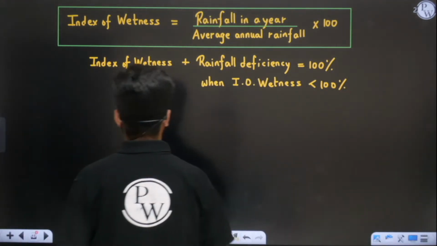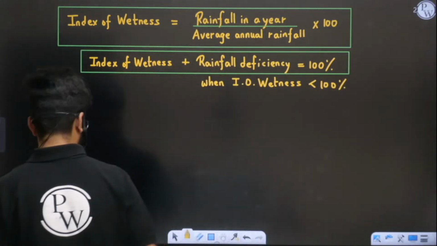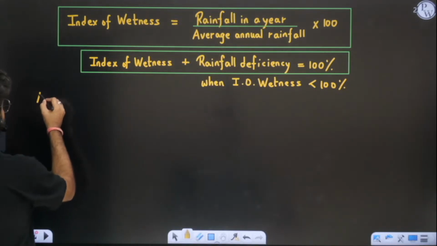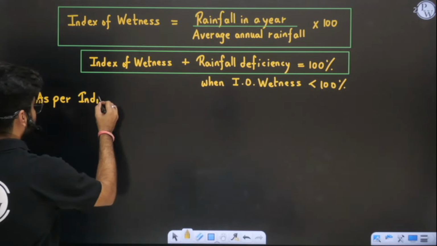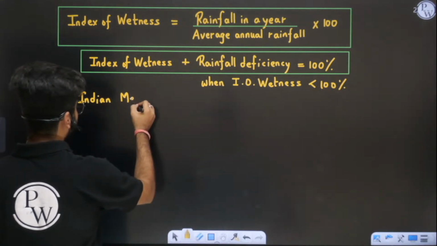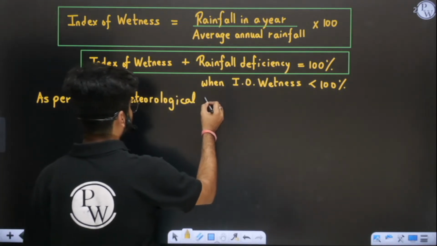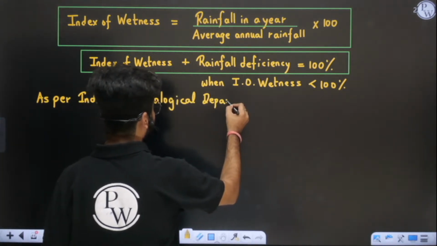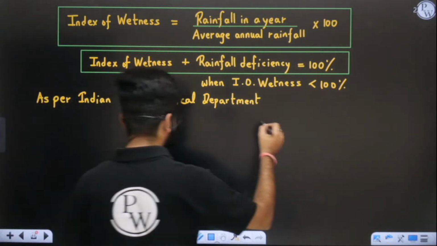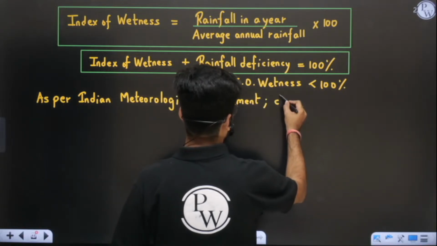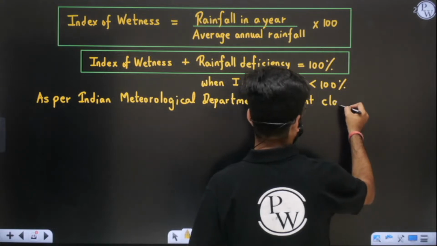Let me put it in brackets. Now, according to the Indian Meteorological Department, drought is classified into 3 types.